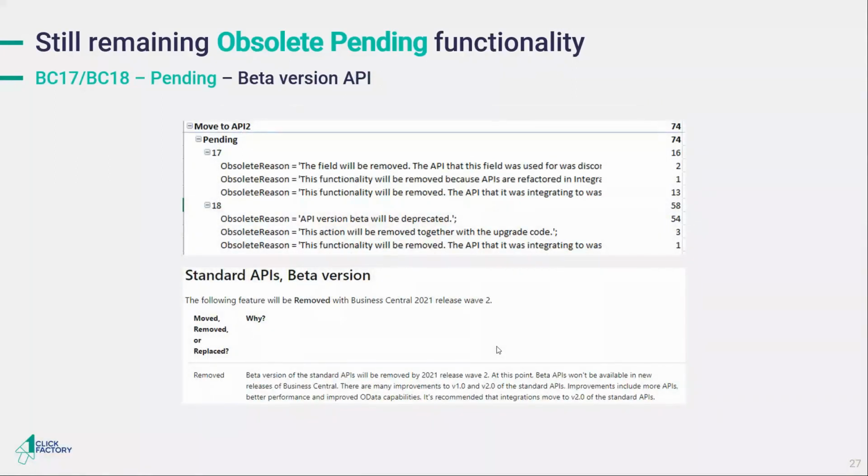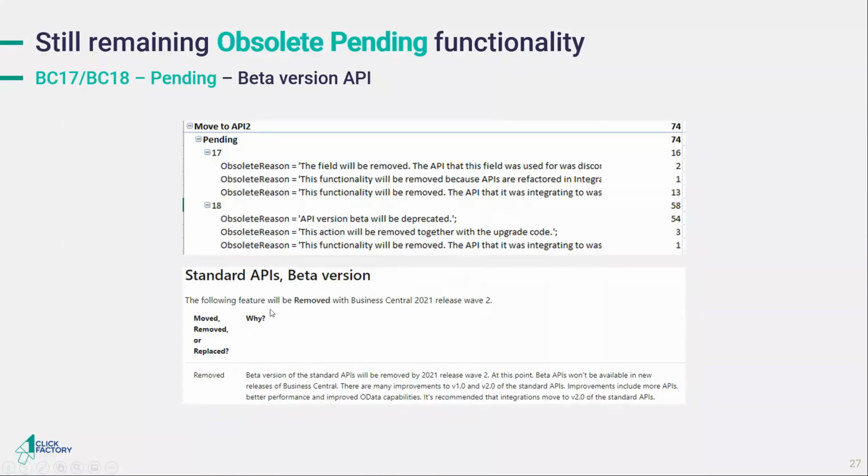Beta version API was also marked as obsolete in Business Central 17 and also in Business Central 18. In 17, there were only 16 places marked as obsolete pending, but in 18, 58 new places were introduced.